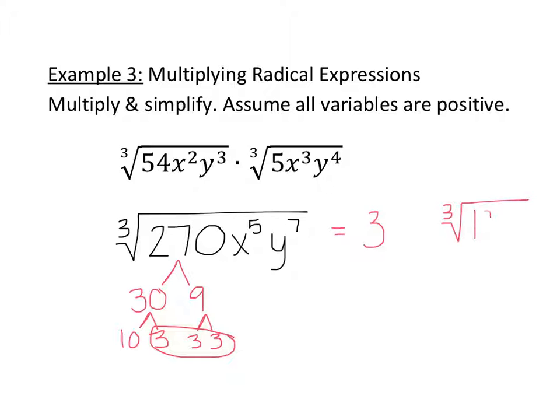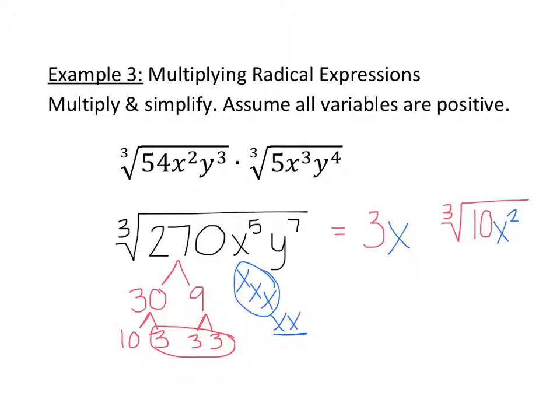Then x: 3 of them make a set and we mark them outside, and 2 left over makes x squared on the inside.